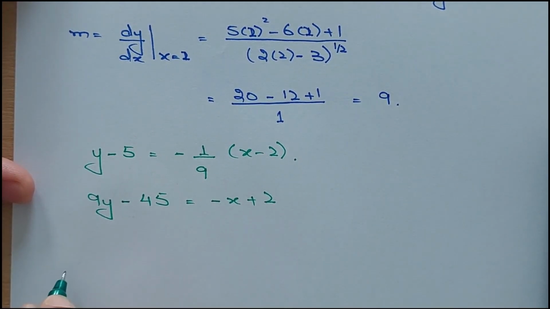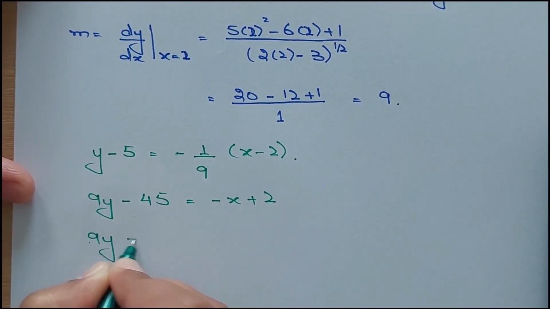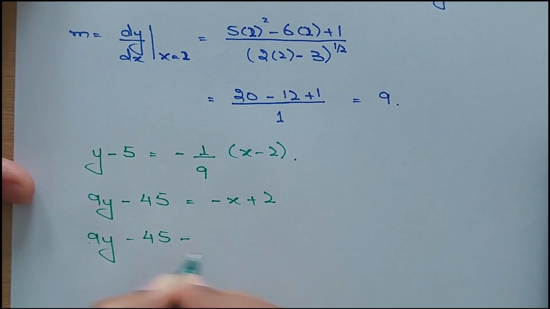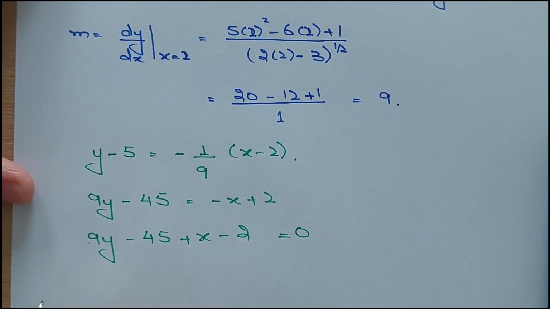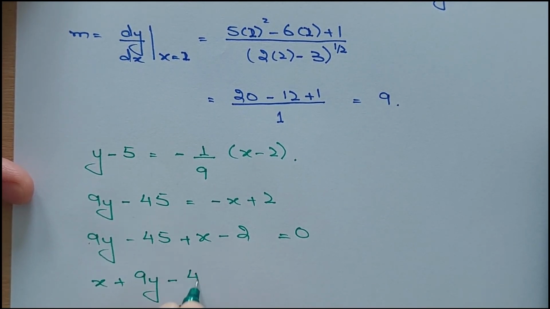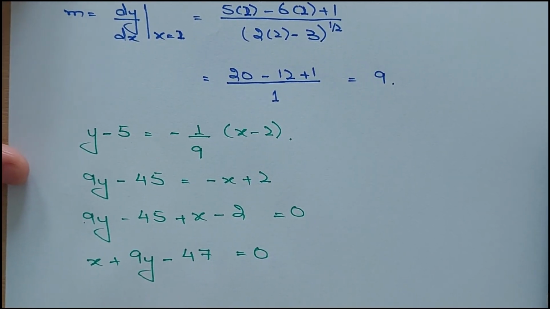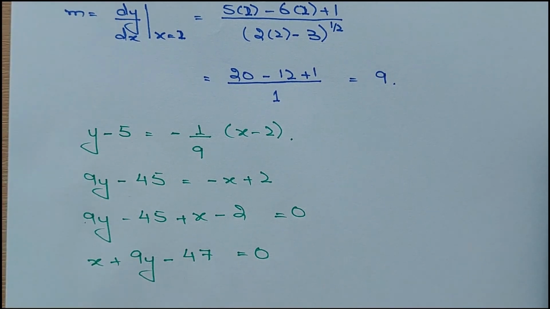Shifting all the terms to the left side, 9y minus 45 plus x minus 2 equals 0. So x plus 9y minus 47 equals 0. So this is ax plus by plus c equals 0. A, b, c are integers, that is 1, 9 and minus 47.